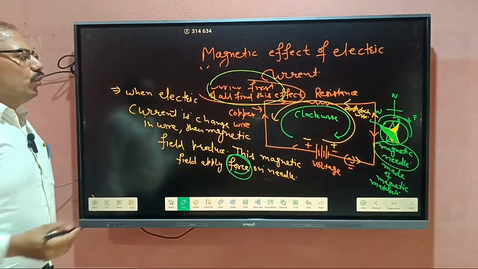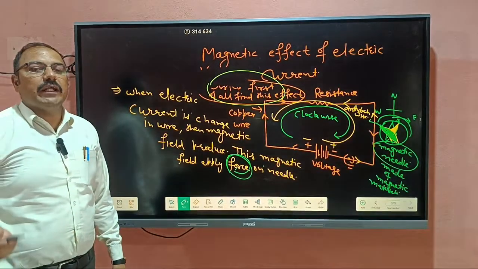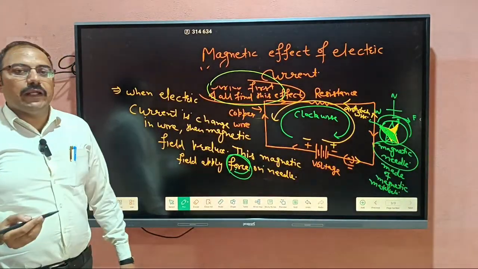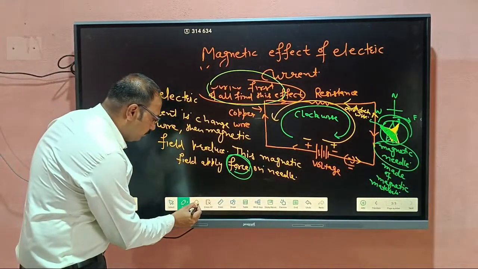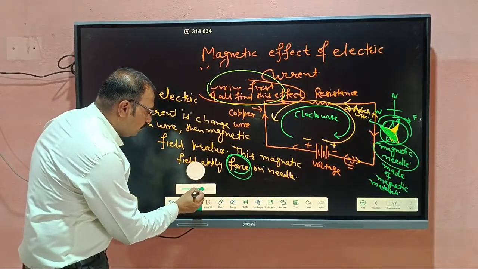So here a question arises: on what factors does the magnetic field of a wire depend?